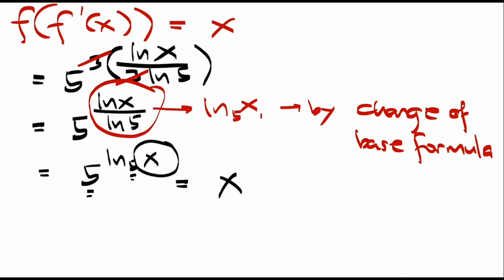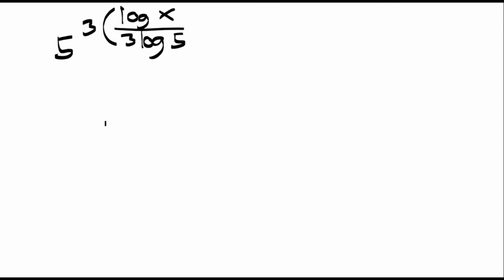So again, let us have another page for this one. So let's have 5 raised to 3 times, and again, instead of using ln, let's use log or common logarithm. So we have logarithm of x over 3 logarithm of 5. So from here again, we can cancel out 3.